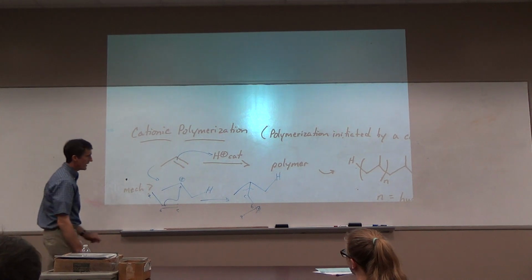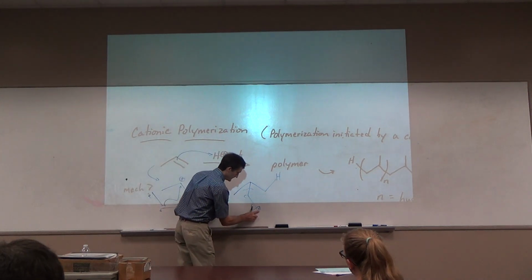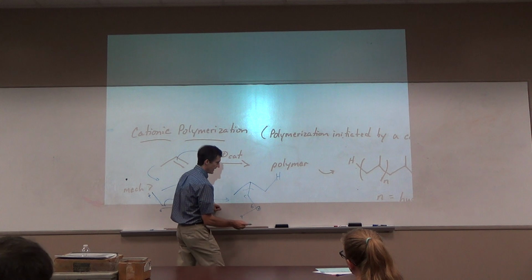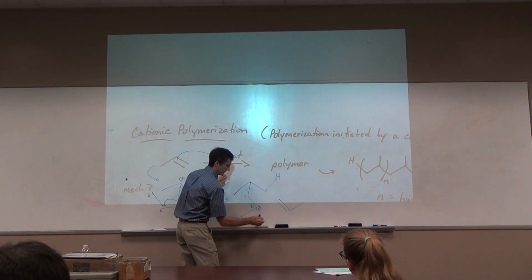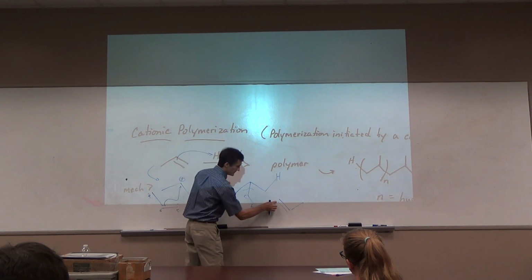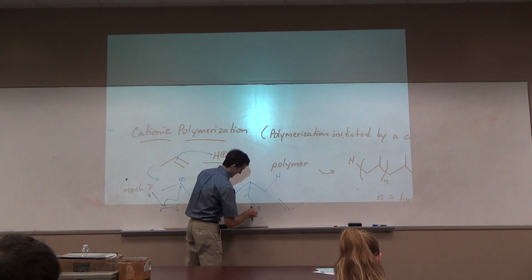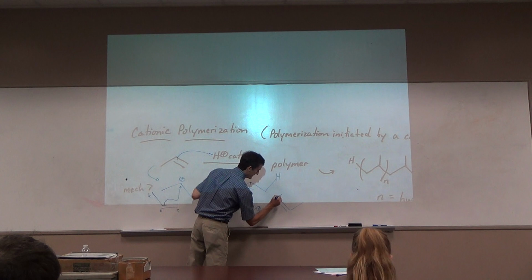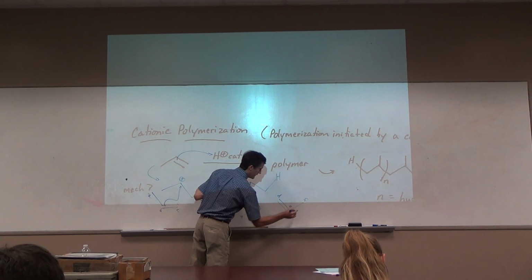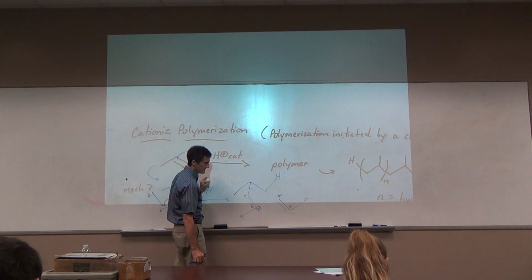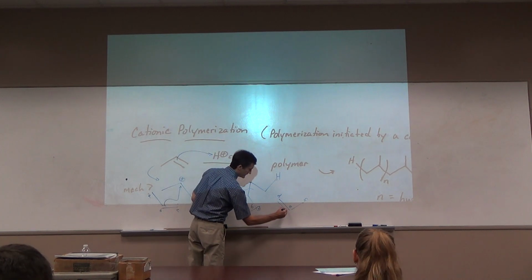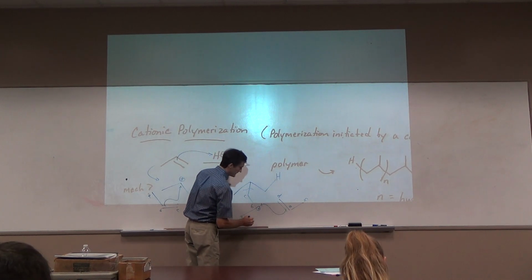That's okay. What can attack this cation? At this point we might sort of get it working a little bit cleaner, like this. This is going to attack A, B, C, D, E, F. Which carbon is going to bond to B? D carbon, yes. These electrons break away from E and go bond here.